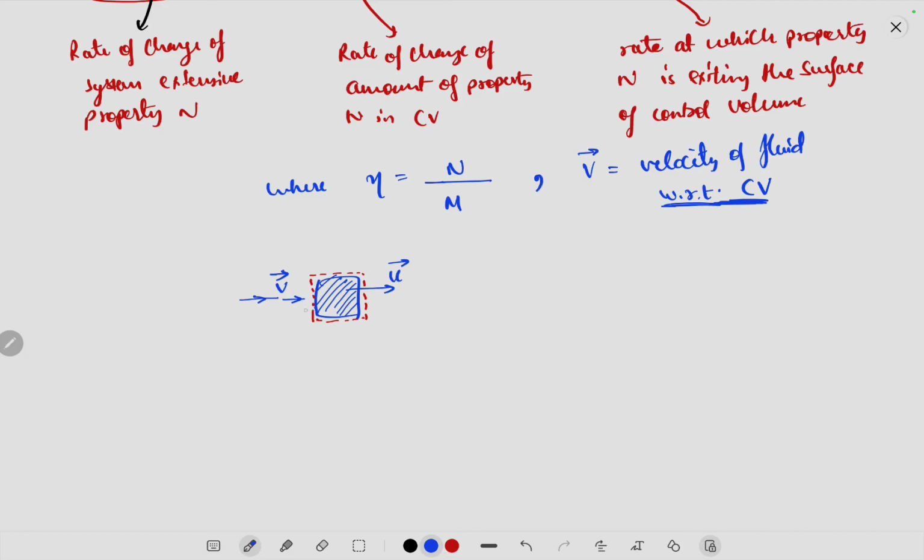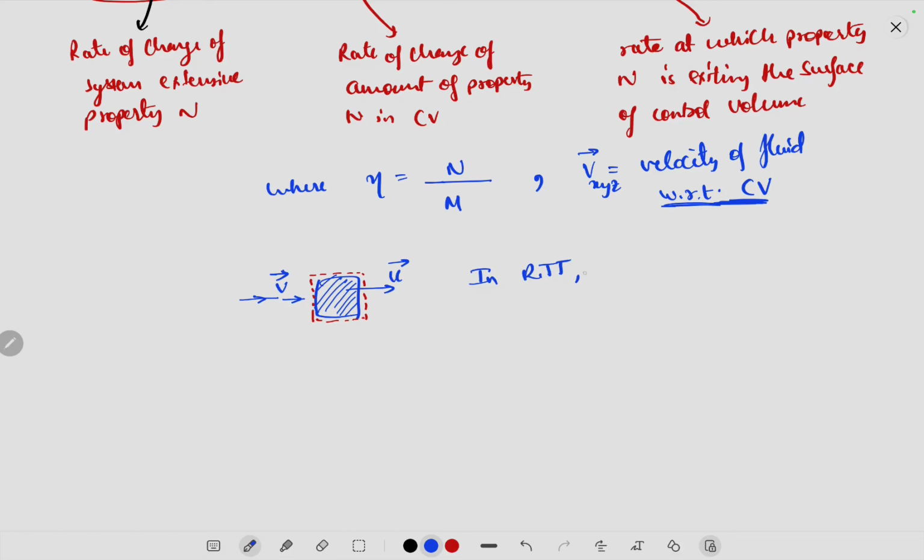If you want to apply Reynolds transport theorem on this problem, you have to take the velocity of this coming fluid. In Reynolds transport theorem, since this v vector is getting confused with the other v vector, let's write it as v vector xyz. This xyz corresponds to the coordinate system in the control volume CV.